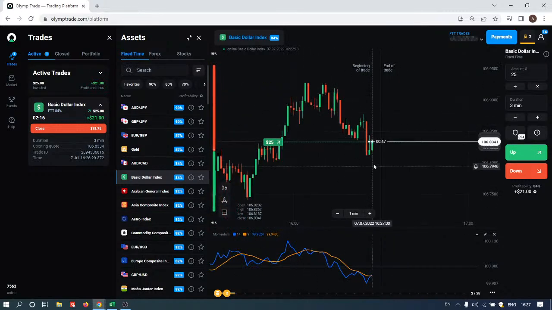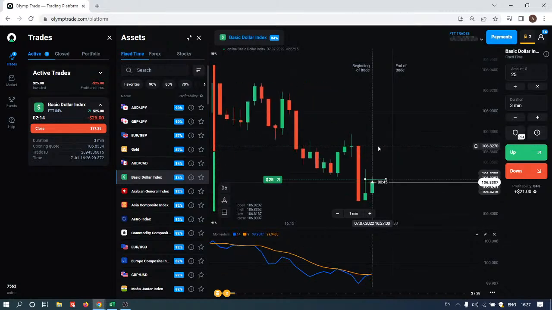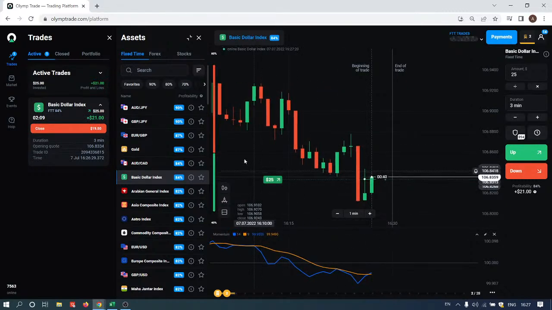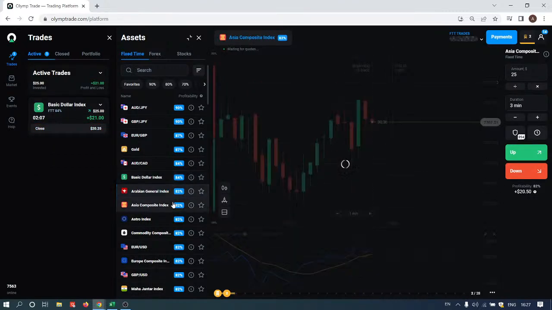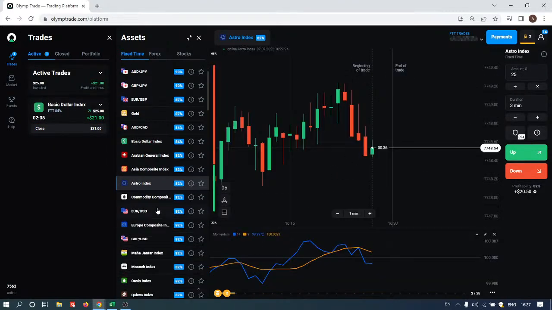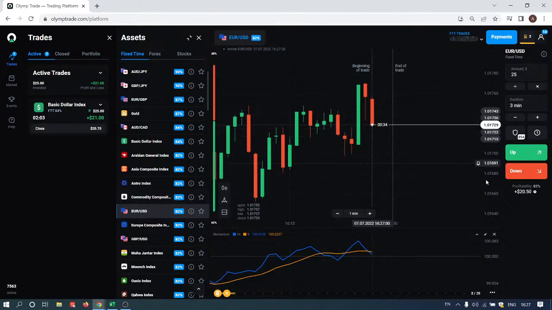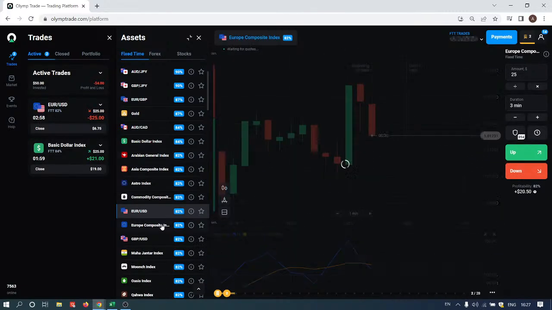So this current trade is in the downwards direction. I'm a little bit worried about this trade, but anyways, I already opened it, so I executed my strategy. I did what I had to do, so I don't really need to worry. All right, so just let it be.